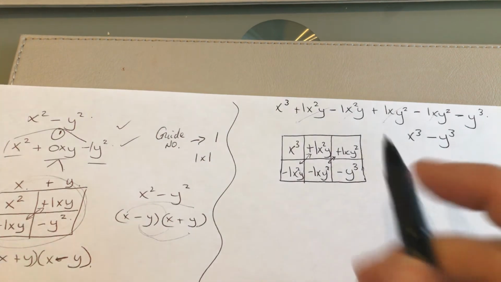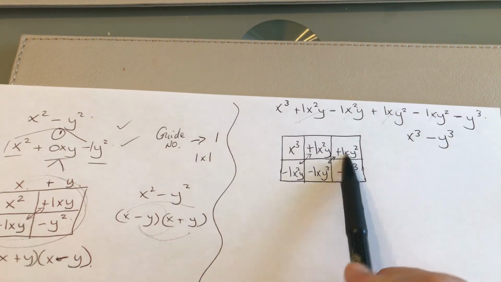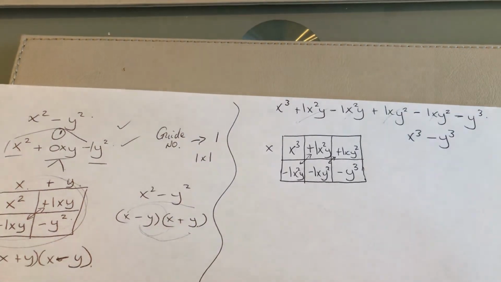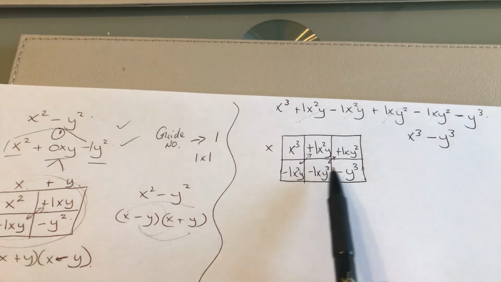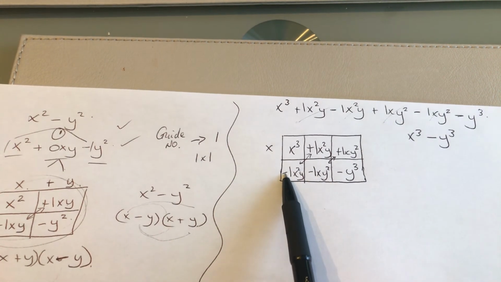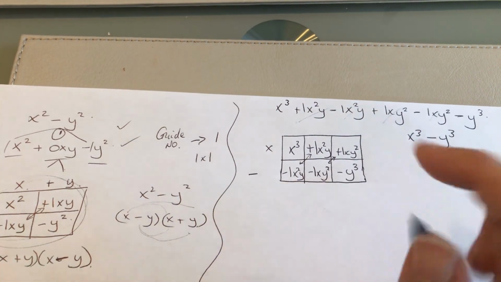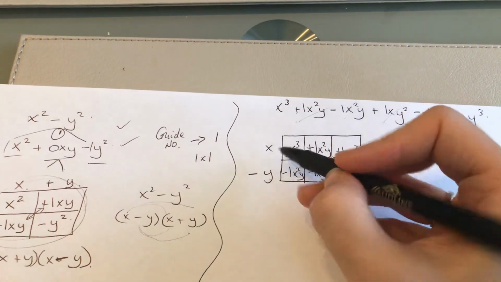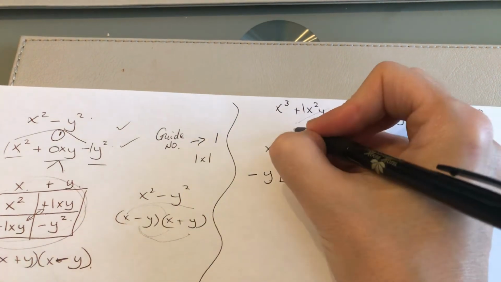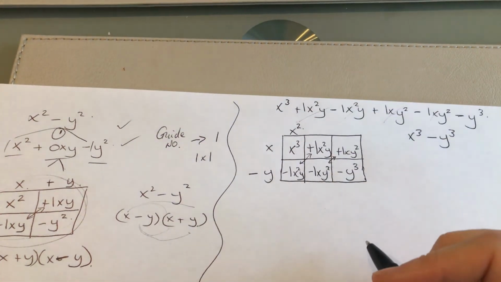So what's common with all these three? They have an x in common. What's common with all these three? So we take that sign, and they all have a minus y in common. If that's x, what must be up here is x squared.